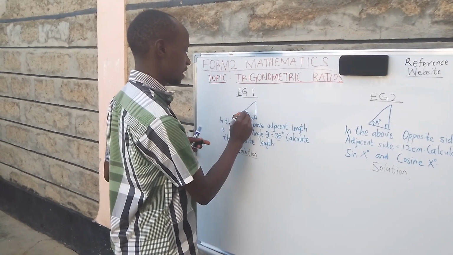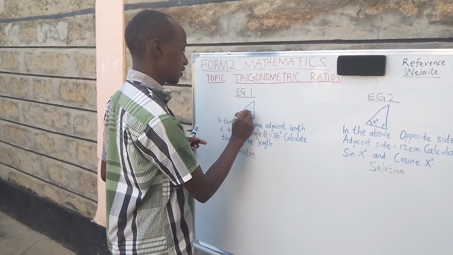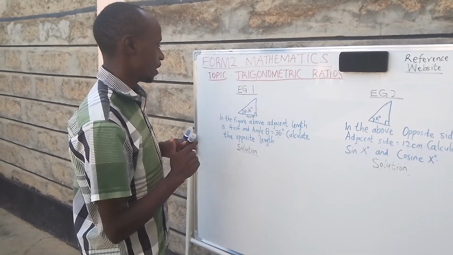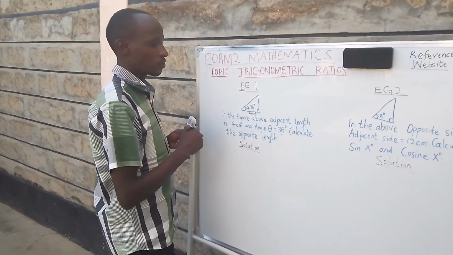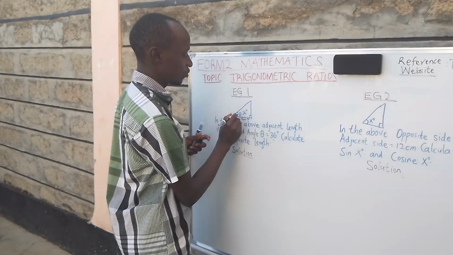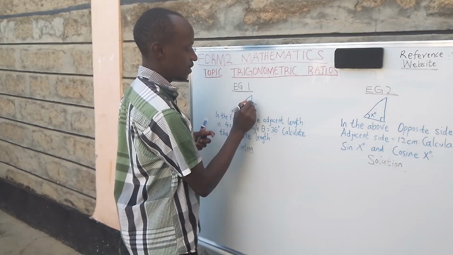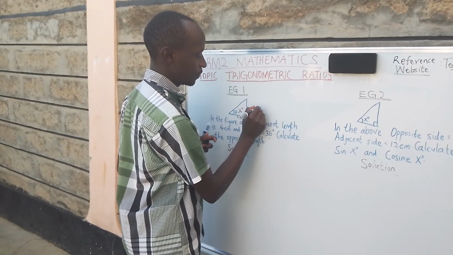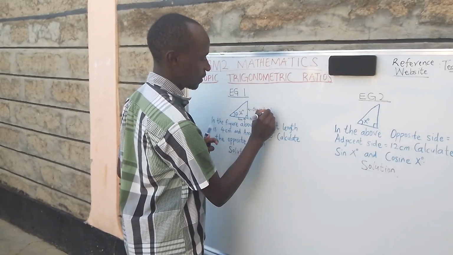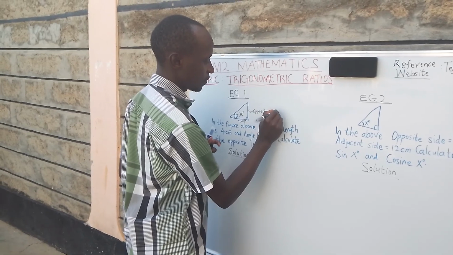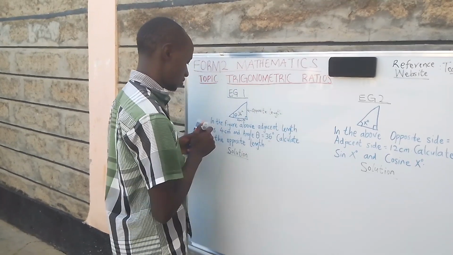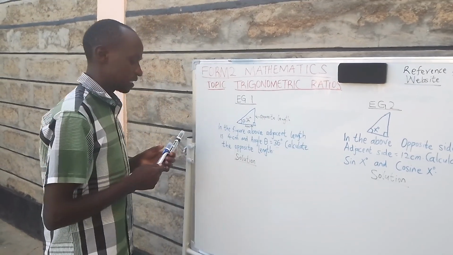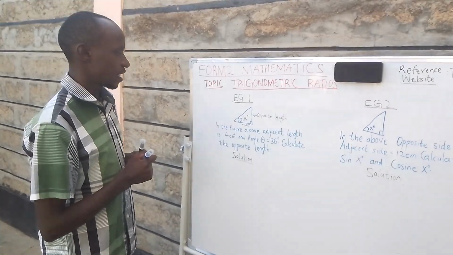We are going to calculate the opposite length. When theta is here, the opposite length is there. So we are going to calculate the opposite length in our solution.